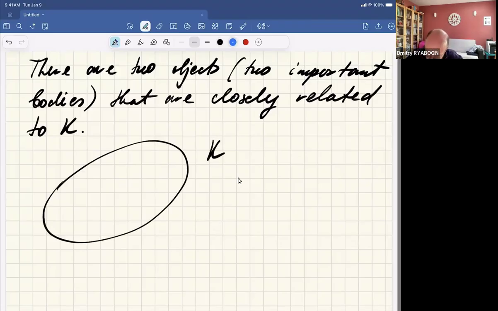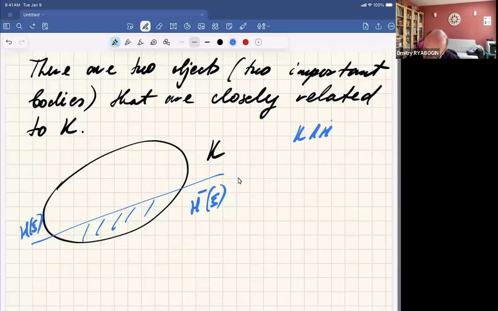So I have this K, I have this H, again H of psi. We assume that this part has volume delta. So this is H minus of psi. I will recall, H minus of psi, the volume of this is delta. And now what you want to put here is the center of mass of the underwater part.